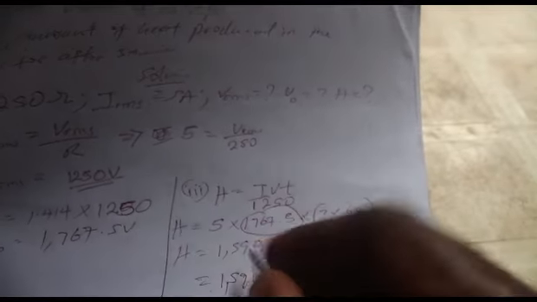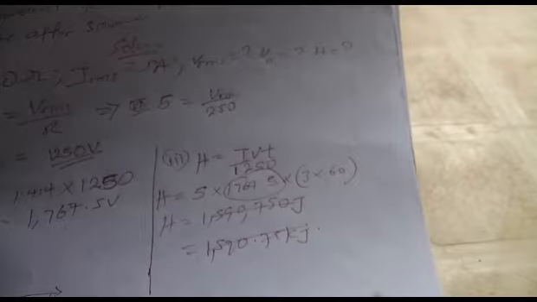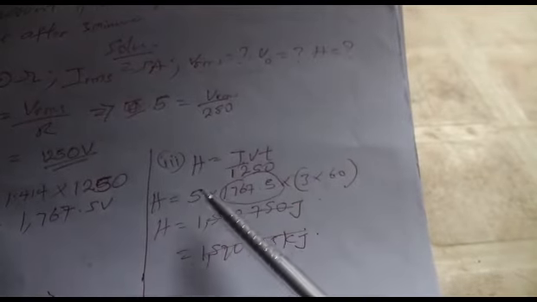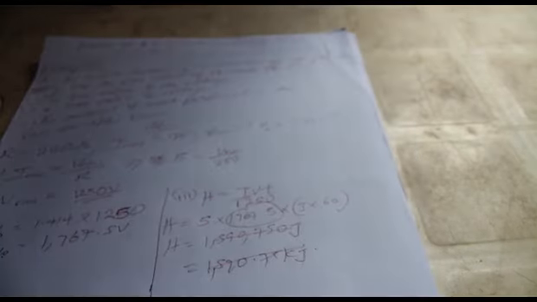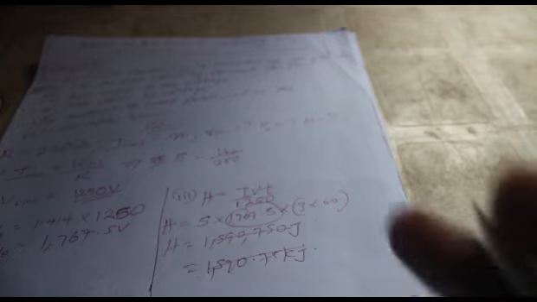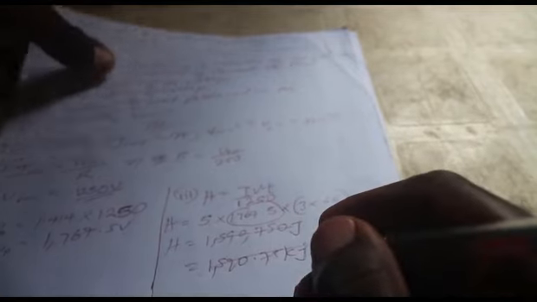This figure here is not correct, but I'm sure you know what exactly I'm talking about. When you multiply these values, of course you should get the value of the heat produced. So here we have 5 times 1250 times 180, and that gives us 1,000,000.